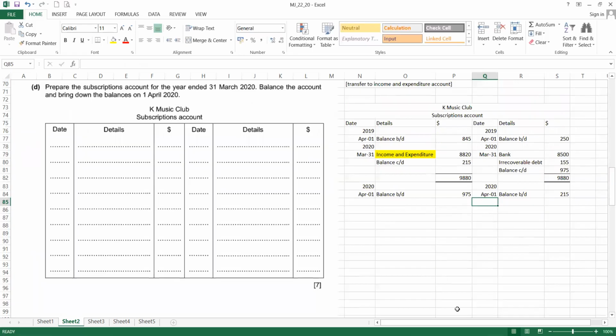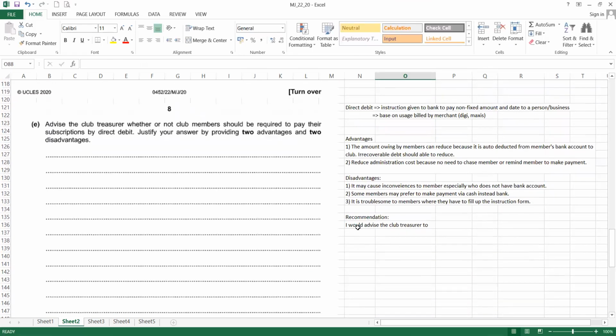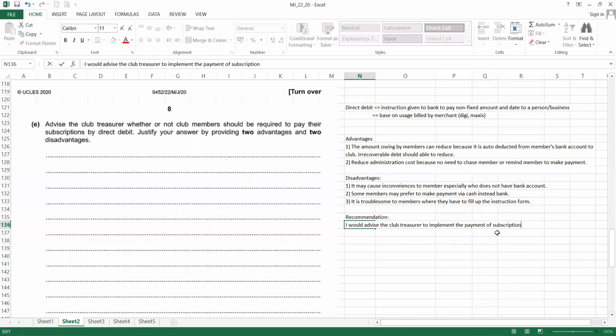Wait, why is the line like that? Cannot type. I will advise the club treasurer to implement the payment of subscription through direct debit because the benefit is more than the disadvantage.